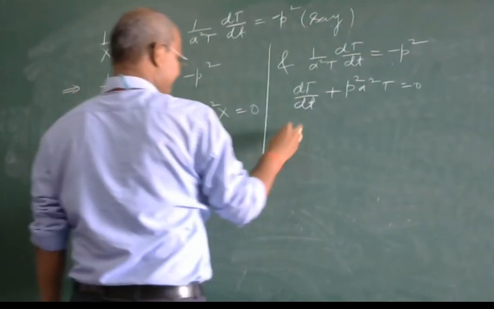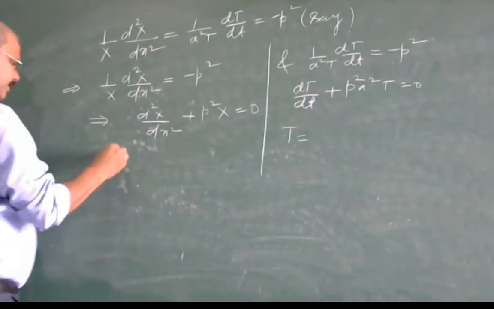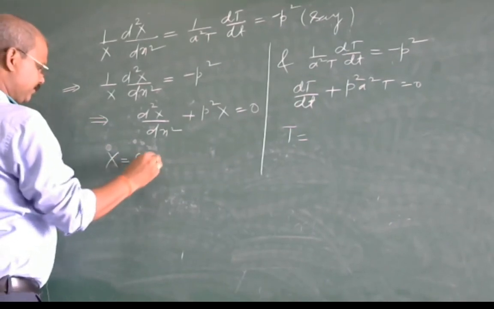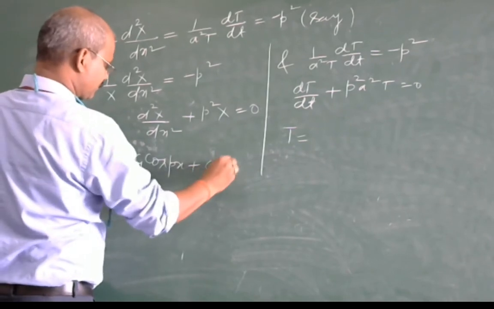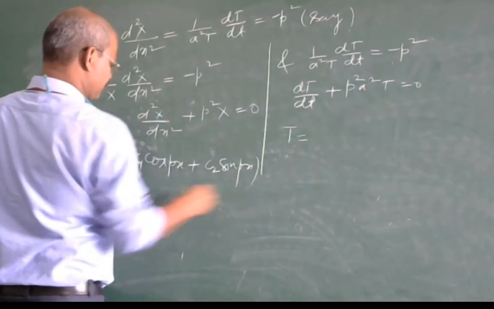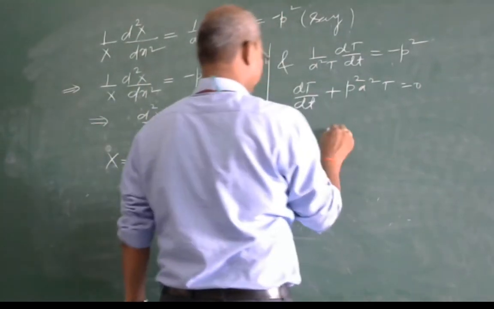So from here X is equal to c1 cos px plus c2 sin px, and T equals c3 e to the power minus p square a square t.